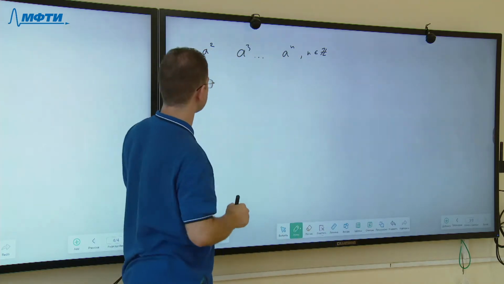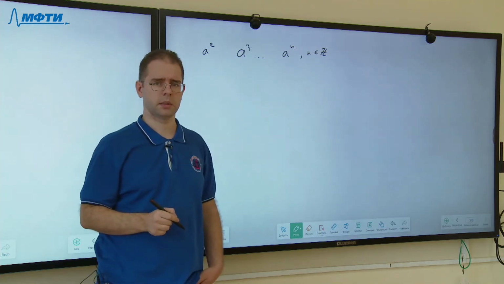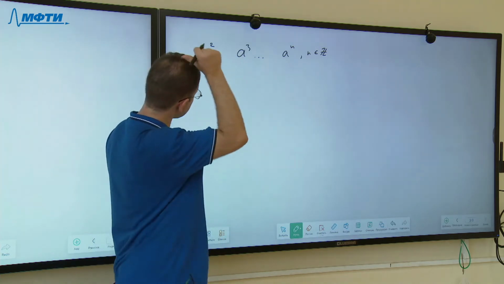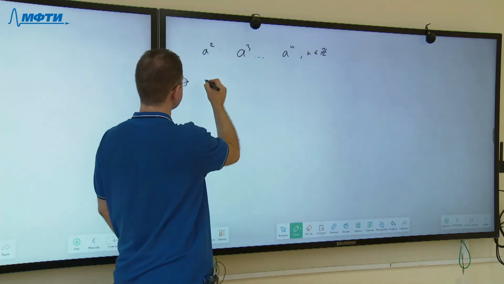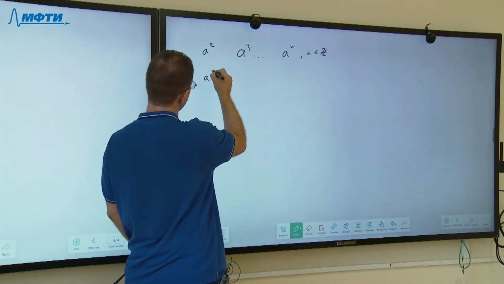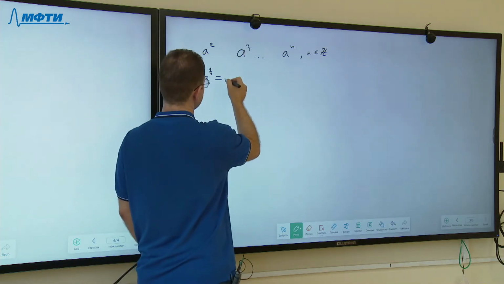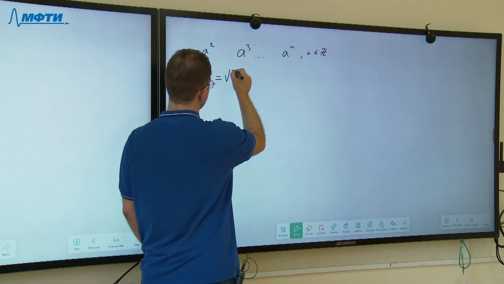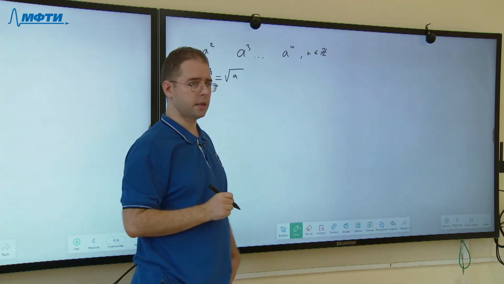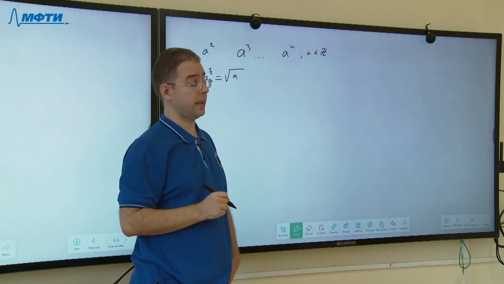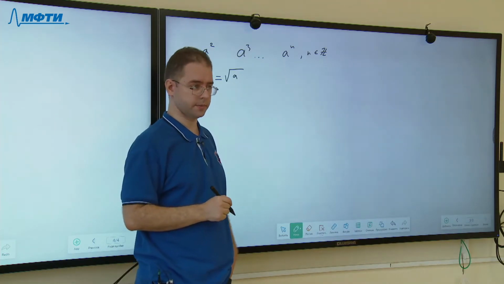We can also raise to negative powers, but it's not necessary right now. We also understand what it means to raise a to power 1/2. This is just the square root of a. This is the positive solution of the equation x squared equals a.